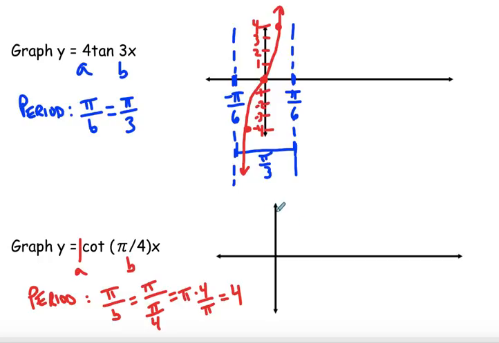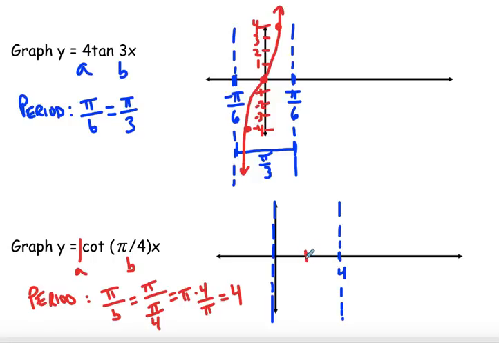So, for consistency, I think I'll keep the colors the same. So for cotangent, we have an asymptote on the y-axis, and then the next asymptote will be at whatever the period is. So the period is 4, that's where the other asymptote will go.